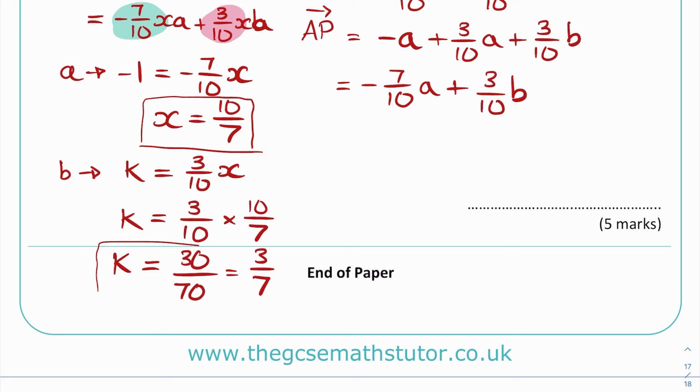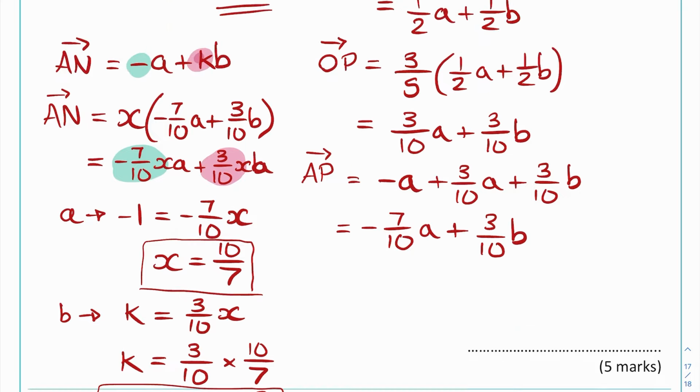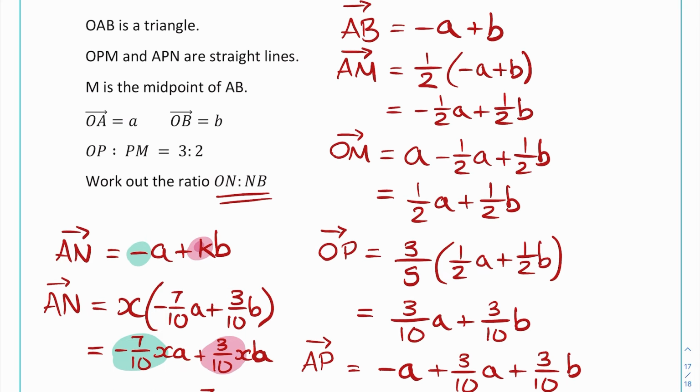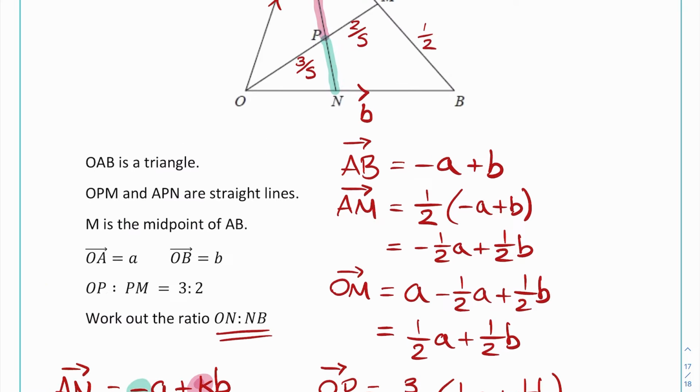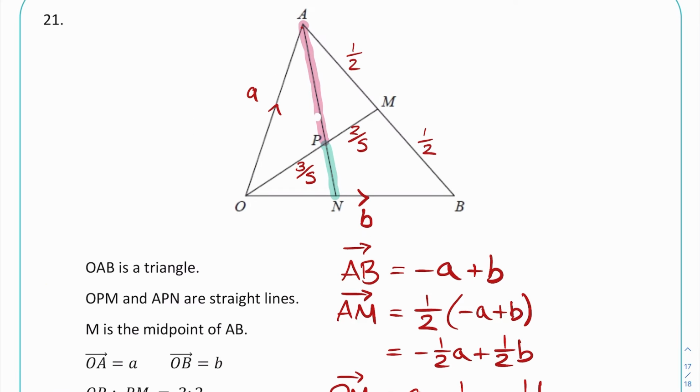So now we know the value of k, we know the value of x, so actually we now have everything we need in order to figure out our vector. Now let's think about this. k was the letter that we used to say how much of b we wanted to go across in that first option. So in that option there, we thought about, okay, well we can get from O to N by doing some amount of b.